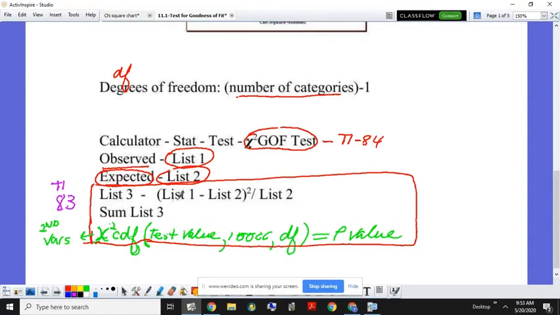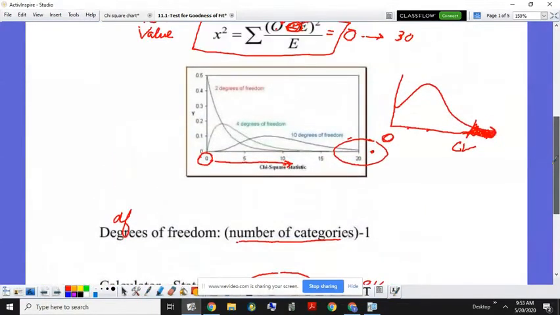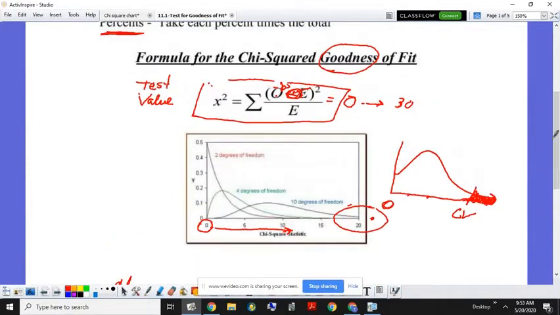Basically, you're going to have to calculate observed minus expected, that would be list 1 minus list 2, squared, divided by expected. You have to calculate the formula on your own. You have to sum it up, and then you're going to find the p-value using this function. If you look up here, here is the formula, O minus E squared over E. Okay, let me clean that up a little bit.